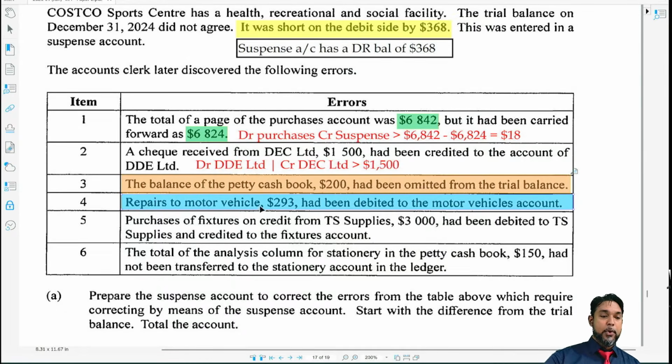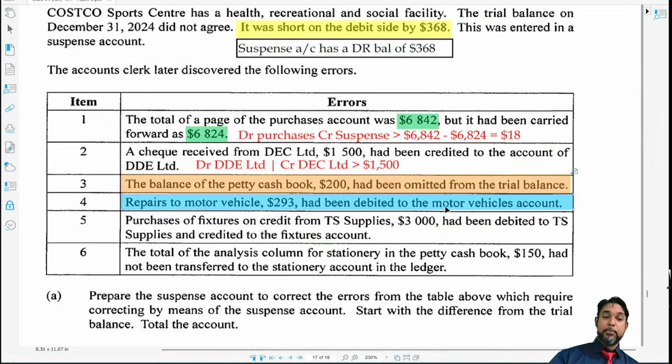So, in other words, we debited motor vehicles when what account should have been debited? Motor repairs or just repairs, expense. So, we have a debit in motor vehicles that shouldn't be there, and we're missing a debit to repairs. So, let's talk about that one first. If we're missing a debit to repairs, how do we fix that? By debiting repairs.